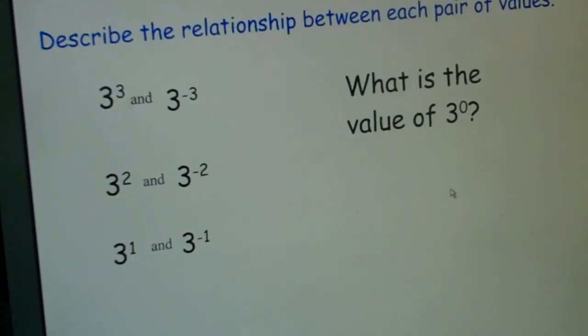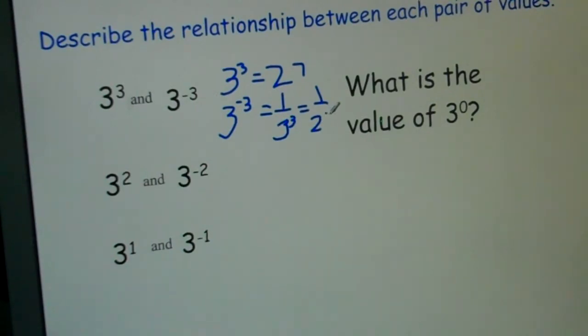So, what's the relationship between each pair of values? Think about that for a minute. 3 to the third power equals 27. 3 to the negative third power is 1 over 3 to the third power, or 1/27.